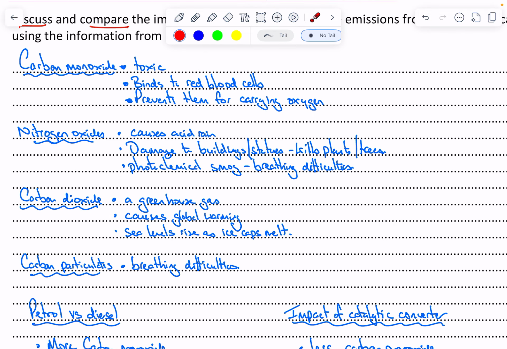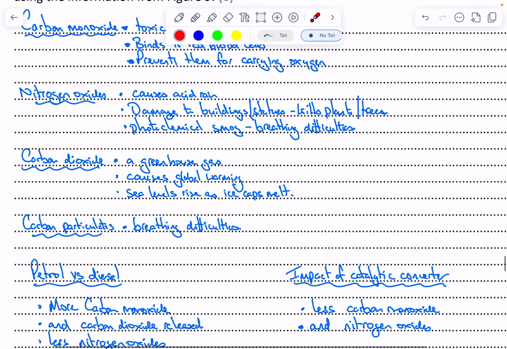Carbon dioxide is a greenhouse gas. This means it's linked to the cause of global warming, and global warming, the impact of that on the environment is you get sea levels rising because the ice caps begin to melt. Next little bit, carbon particulates. So carbon particulates cause breathing difficulties in people.